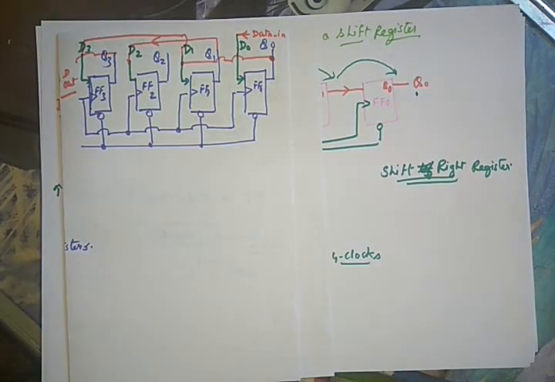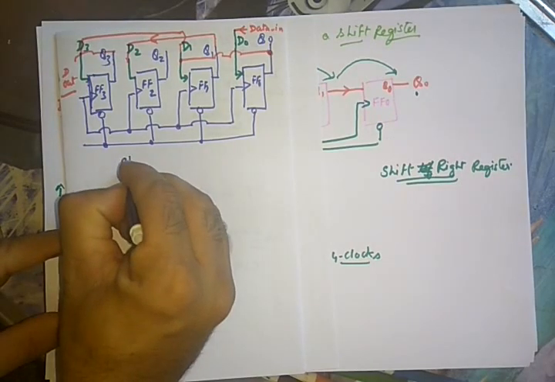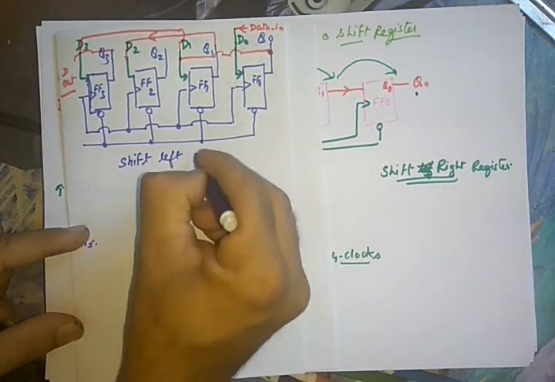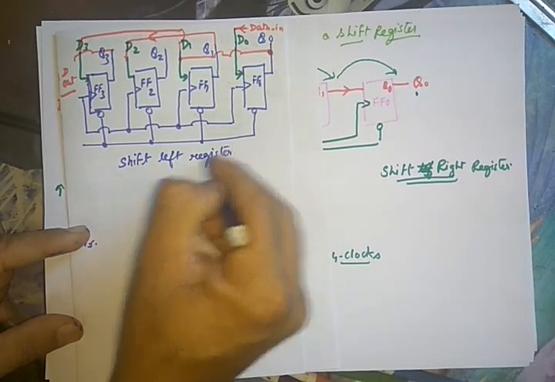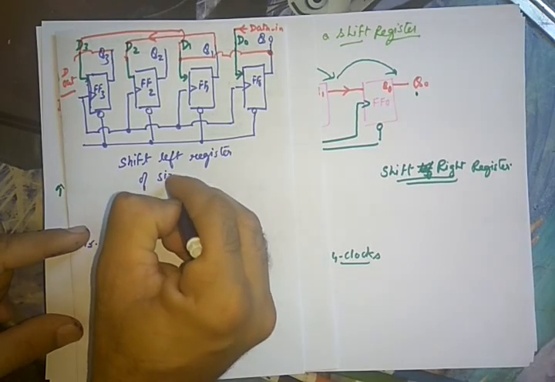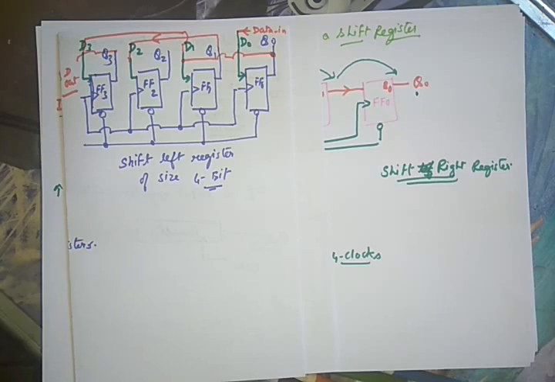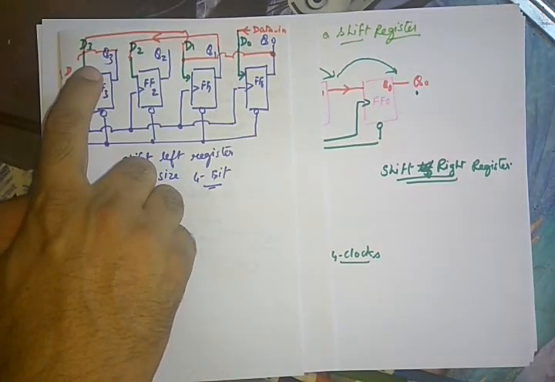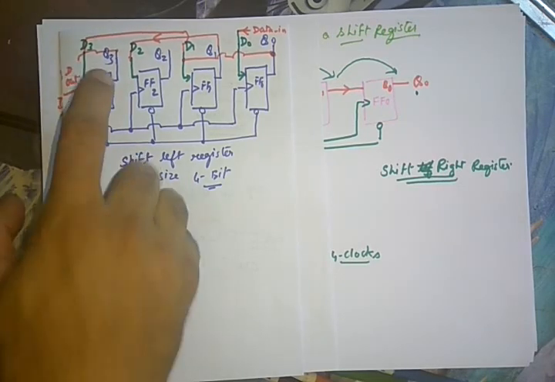Now this forms a shift left register of size 4-bit. Data will be entered from D node and it will be retrieved or received at the terminal Q3.